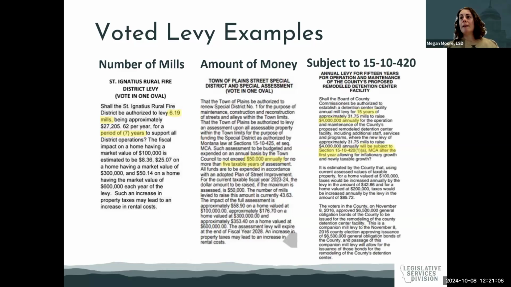However, they also included language that the $4 million will be subject to section 1510-421A after the first year. And what this means is they would take the $4 million and run it through the mill levy calculation that we just went through, which would allow them to get an inflationary increase and an increase from newly taxable property from that $4 million. So it would likely increase each year after the first year.